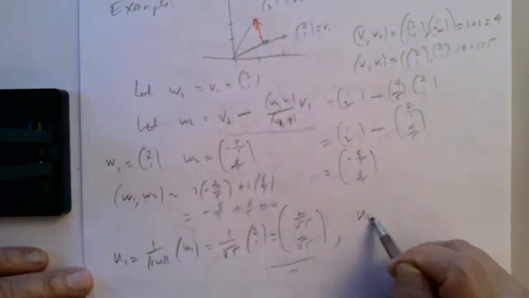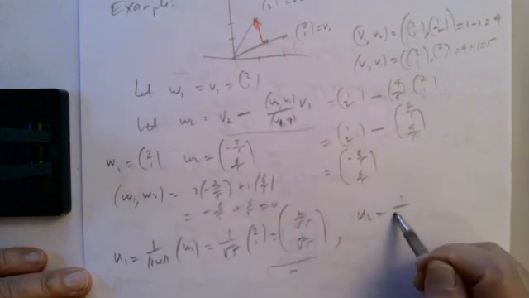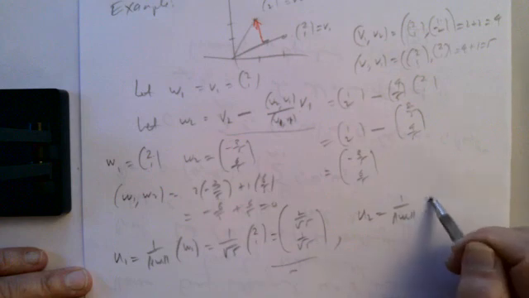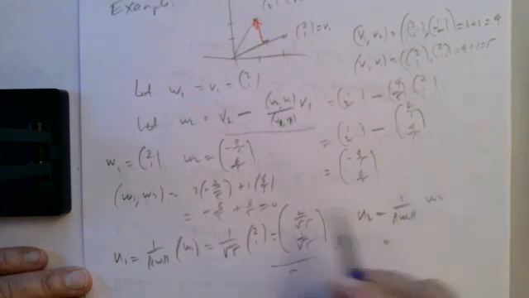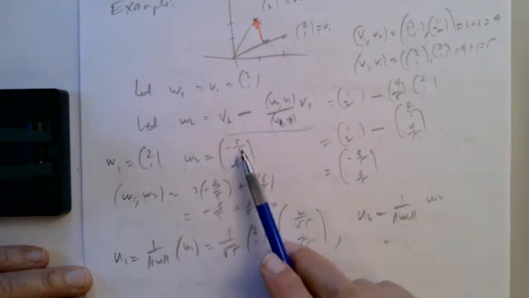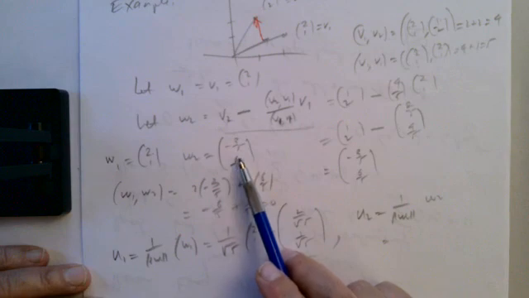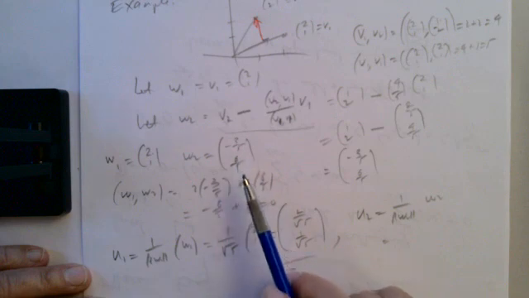What is U2? Well, we take 1 over the length of W2 times W2. What's the length of W2? So you square this, you get 9 over 25. You square this, you get 36 over 25. 9 plus 36 is 45.